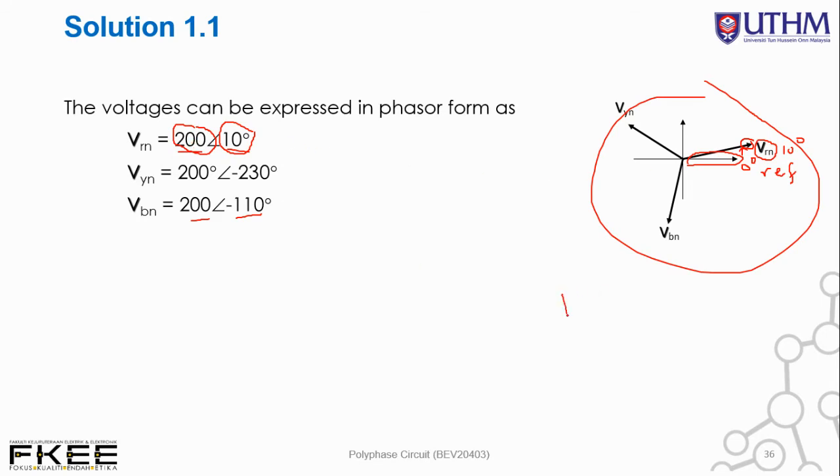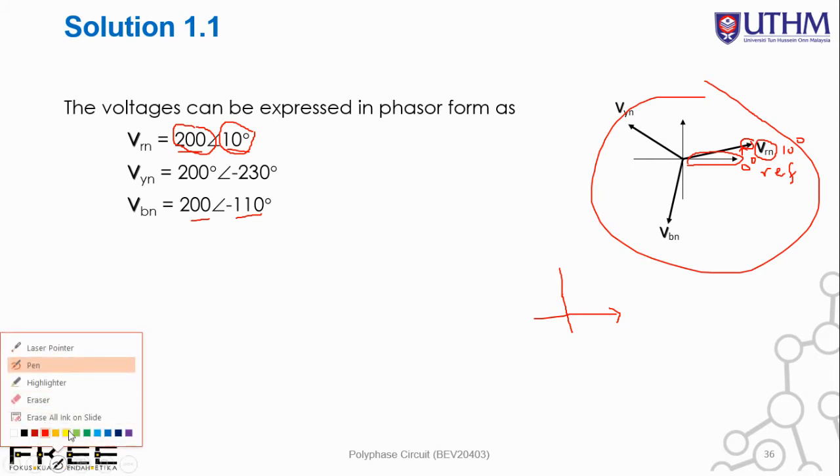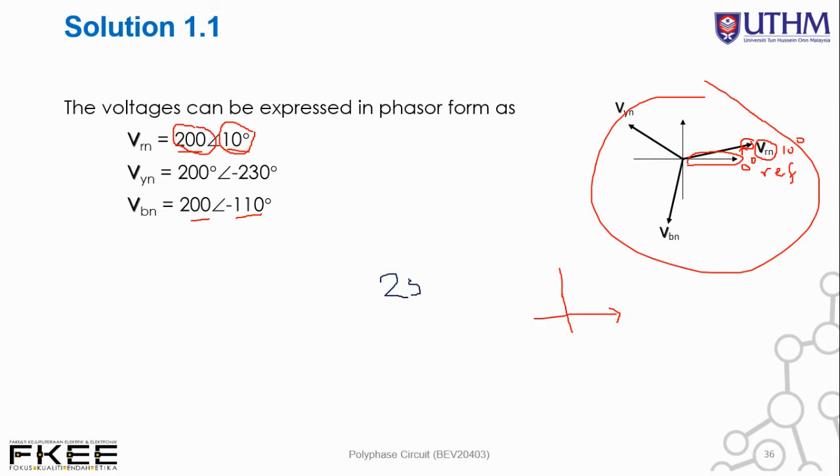So just assume you have this axis, and you have 200. Now you have 250. I should write in the same diagram. So let's say you have 250 volts for your VRN.